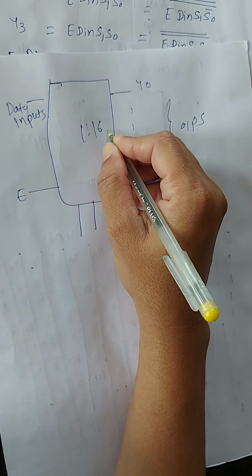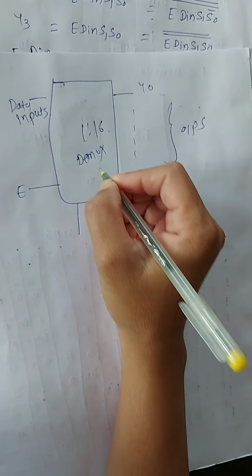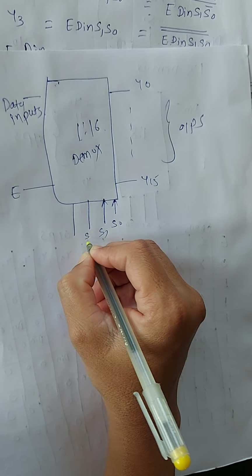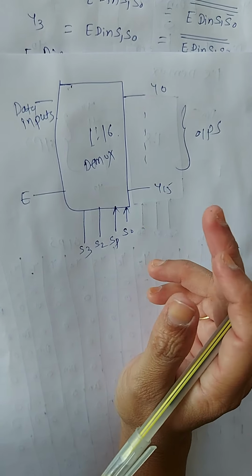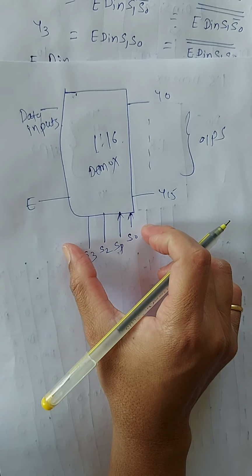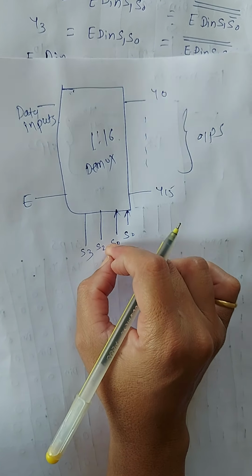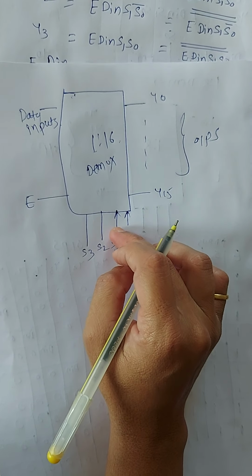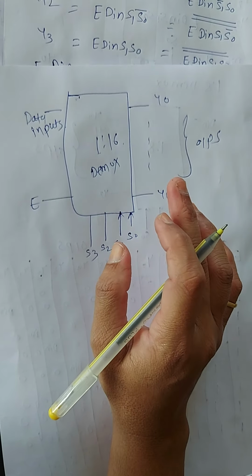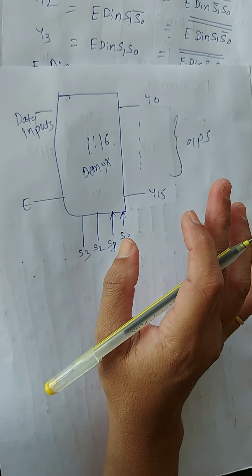For 1:16 demux, 4 select lines S0, S1, S2, S3 are required, because 2 raised to 4 is equal to 16. So the number of select lines required for 1:16 is 4. For this you have to design the truth table.